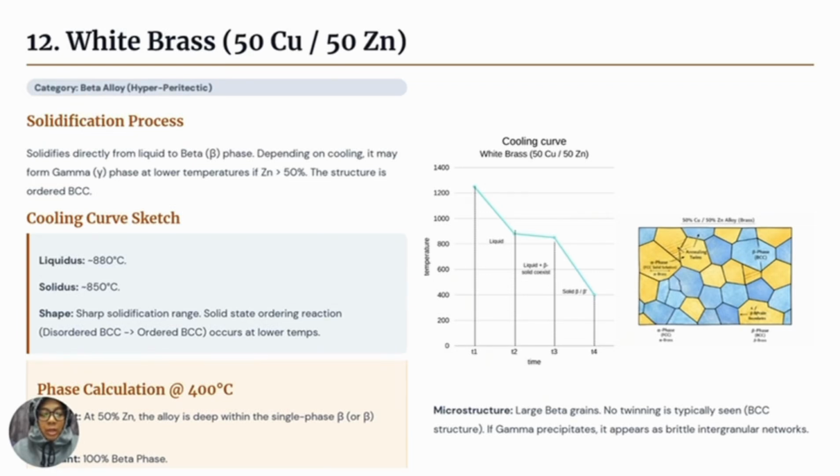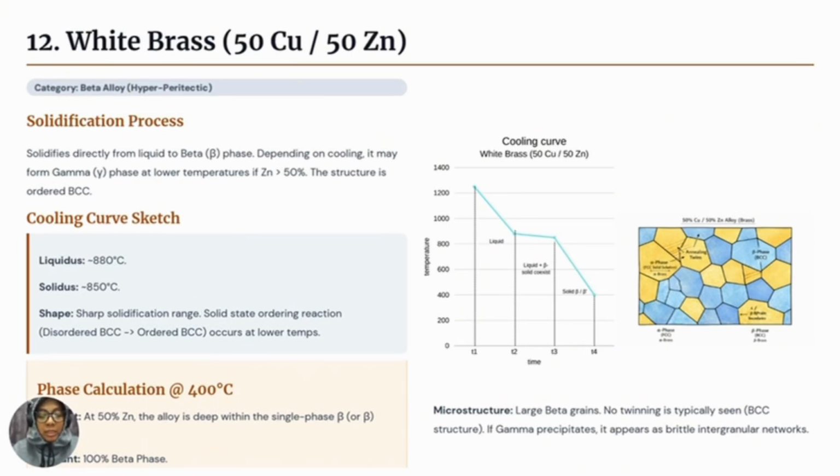As shown in the cooling curve, it solidifies relatively quickly between 880 and 850 degrees Celsius into a nearly pure beta phase. The unique thing here is the ordering reaction. As it cools further, the atoms arrange themselves into a very specific ordered BCC lattice.